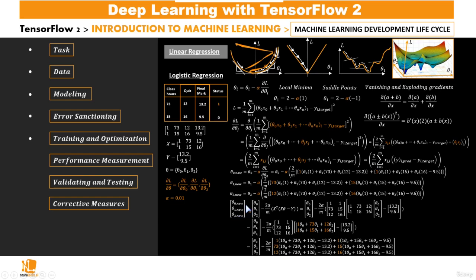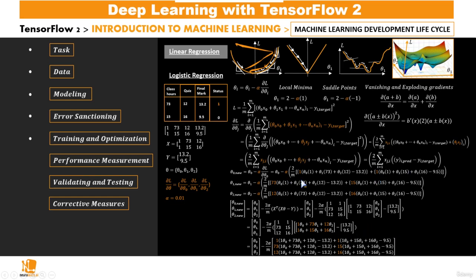Now, what do we notice? We notice that using this formula, or simply this technique, we find that the new values for theta happen to be the same new values for theta we had previously. If we look back at this, we have 1 into theta 0 plus theta 1 times 73 plus this minus 13.2, which is simply this, plus 1 into all this, which is this.